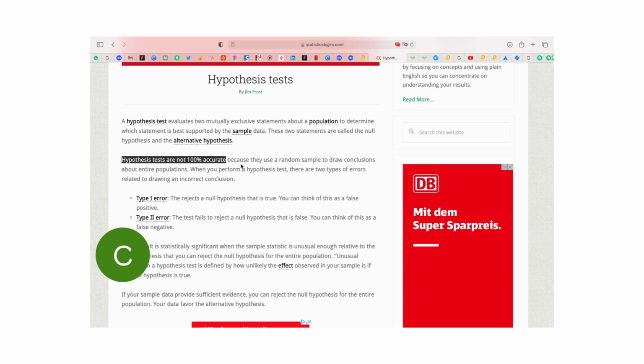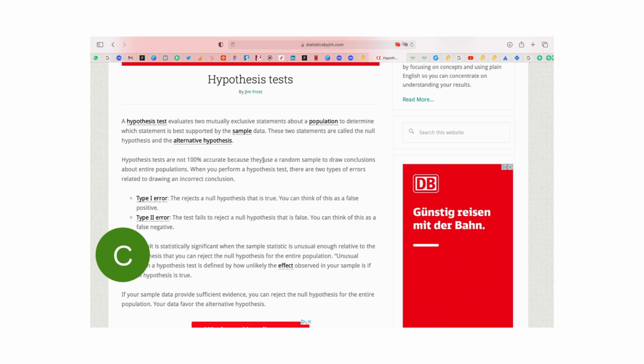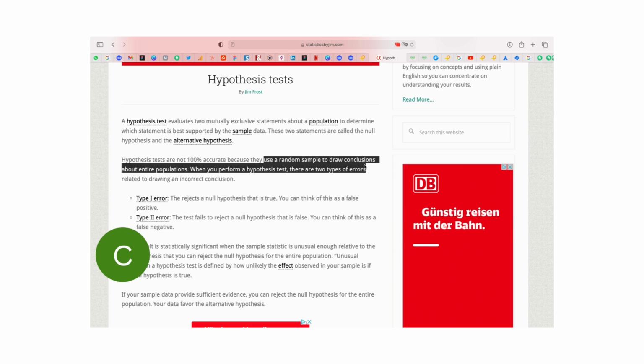Hence the sample will always vary a bit, right? And there will always be different conclusions based on the sample. So our hypothesis test is dependent on the sample that we have, and it's never going to be 100% accurate because we use a random sample to draw conclusions, right?